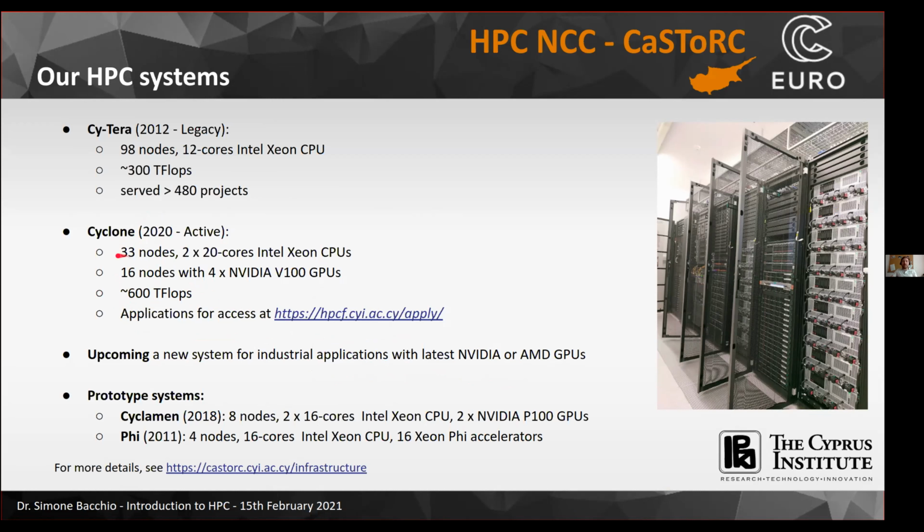It has 16 GPU nodes and 32 CPU-only nodes. The 16 GPU nodes are equipped with 4 NVIDIA V100, which are the previous latest model of NVIDIA, the latest being the A100. But it's a system that is compatible with what you have available in the large exascale, in the large tier 0 systems in Europe.